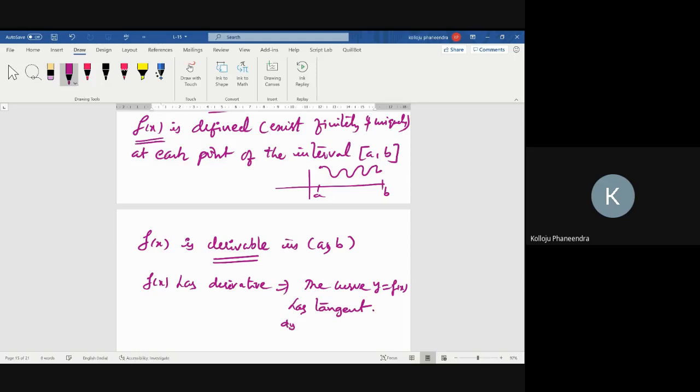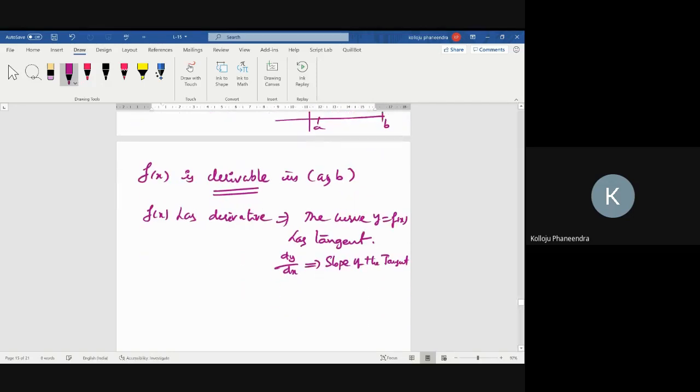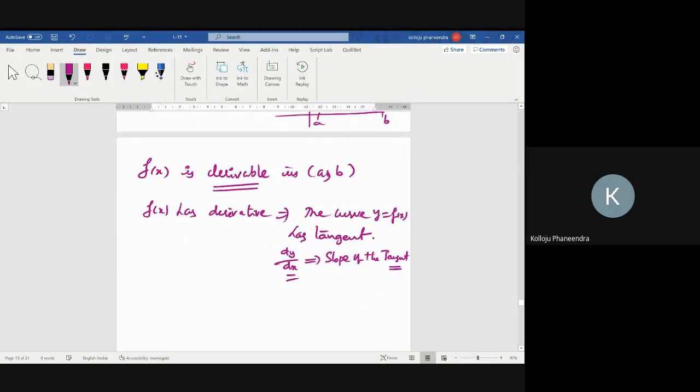In intermediate, when y equal to f of x, dy by dx is called the slope of the tangent. So derivative exists means there must be a tangent to the curve.